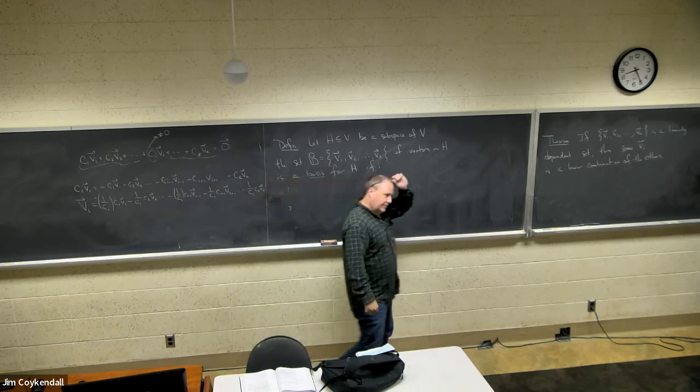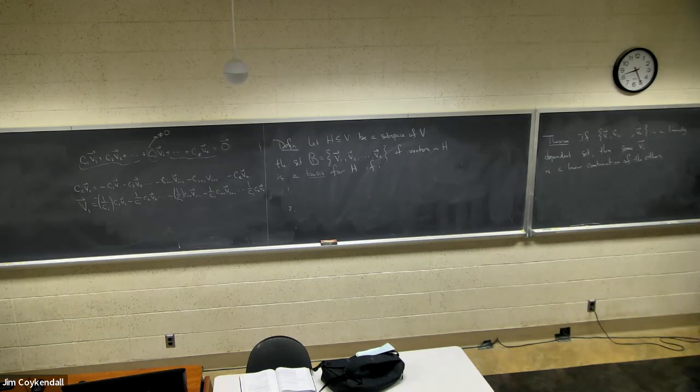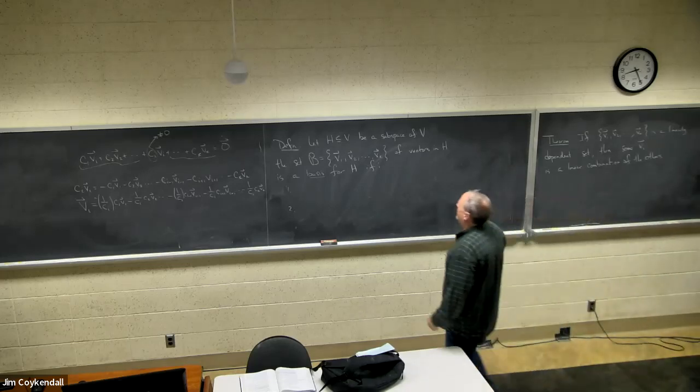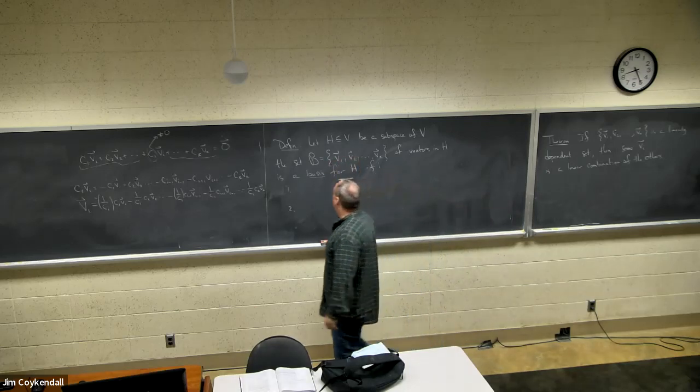Anybody remember what we needed for a basis? Linear independence and spanning. You've got to have two things going on for this set to be a basis of the thing.